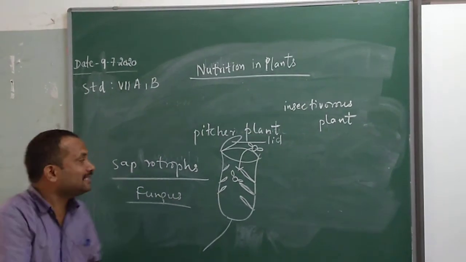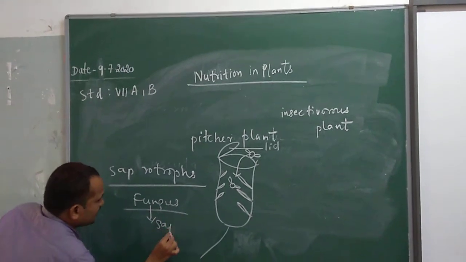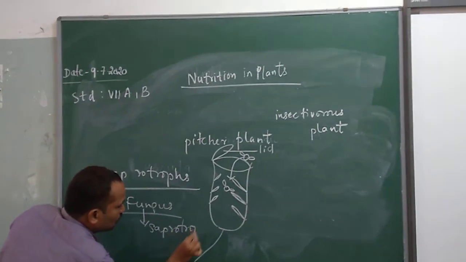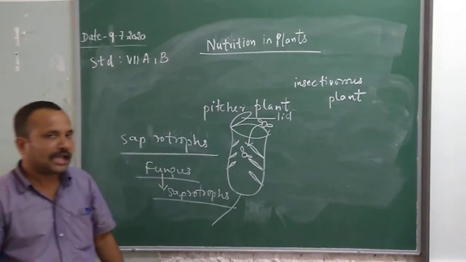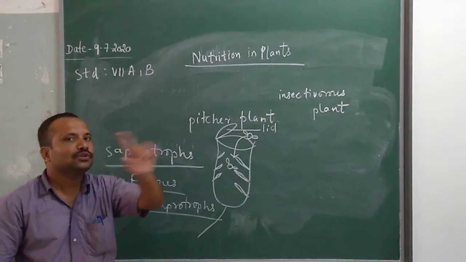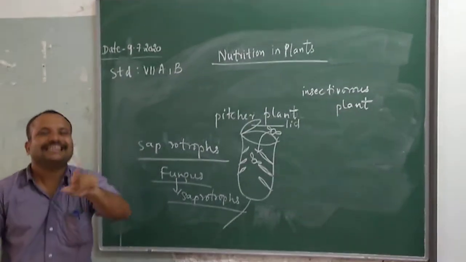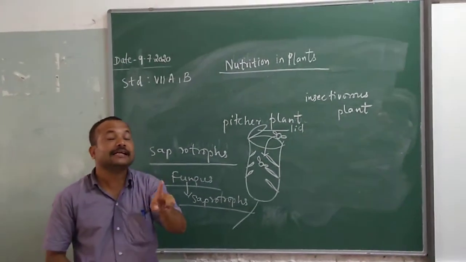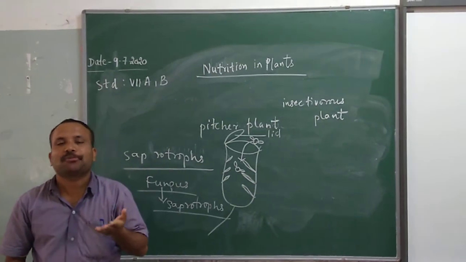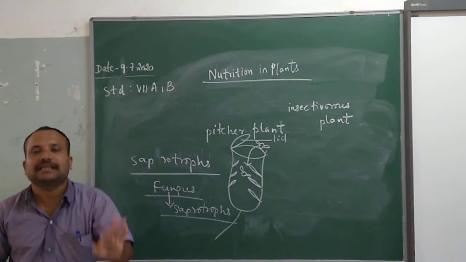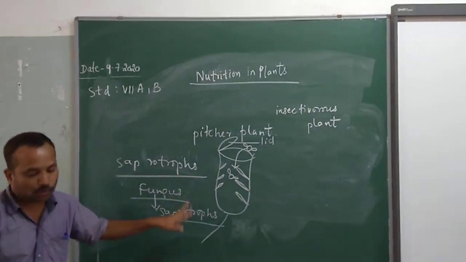This fungus is called a saprotroph. The fungus depends upon dead and decaying organic matter, so this type of nutrition is the saprotrophic mode of nutrition. Fungus is an example for saprotrophs.